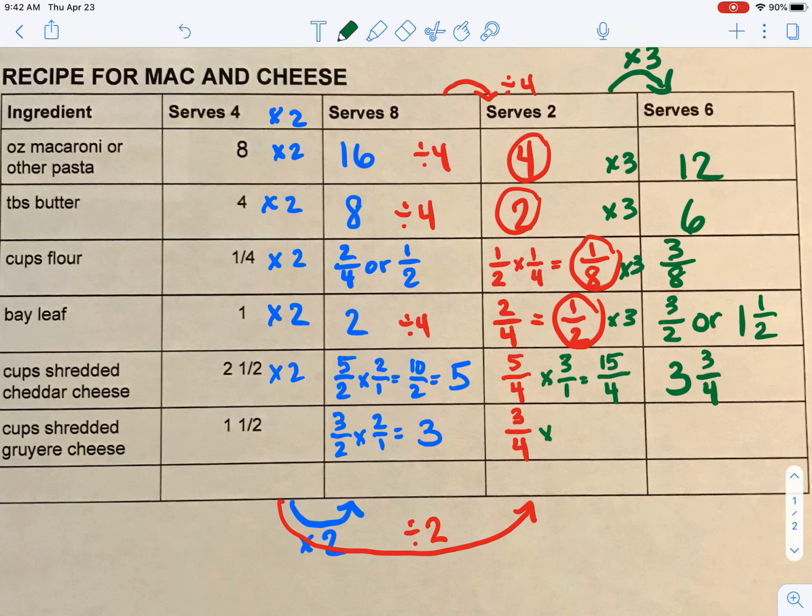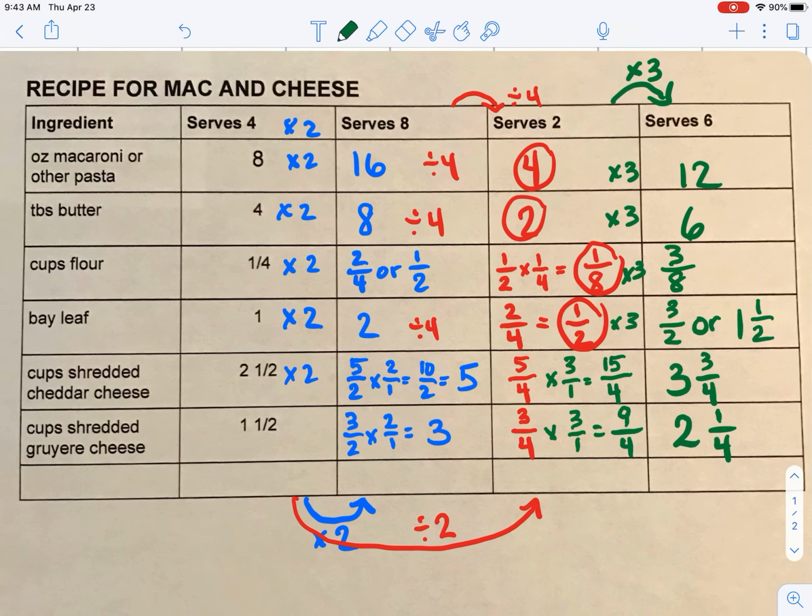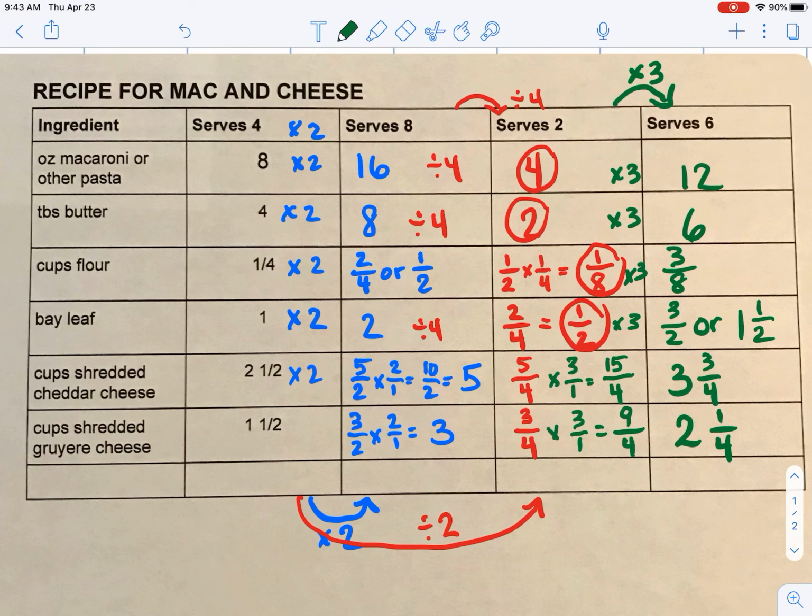And then this is going to be times 3/1. And that's going to be 3 times 3 is 9, and 9/4. And 9/4 is going to be equal to 2, right? Because 8/4 would be 2 and 1/4.